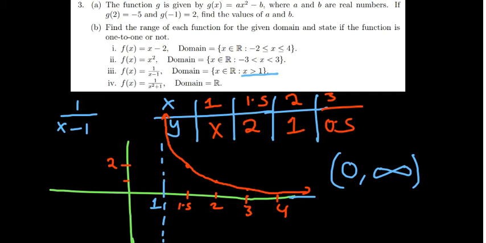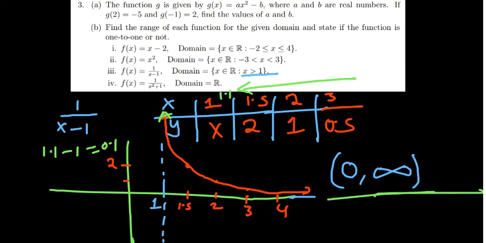As we get closer to 1, the values of y are increasing. If we take a number like 1.1, then 1.1 minus 1 gives you 0.1, and 1 divided by 0.1 gives you 10. So values will continue increasing as you get closer to the asymptote line. That is our range for that function.